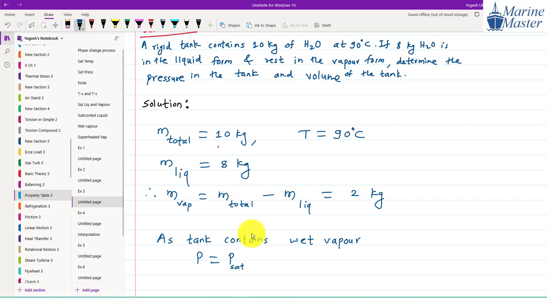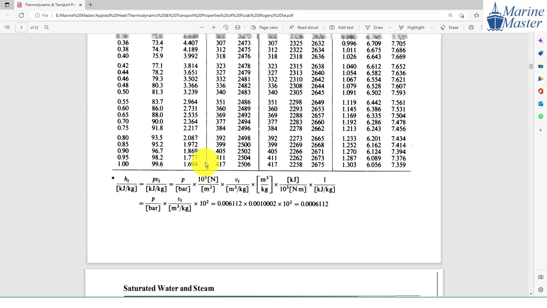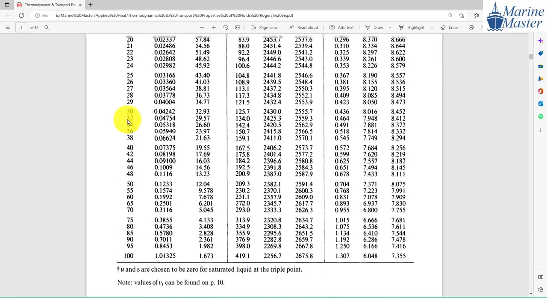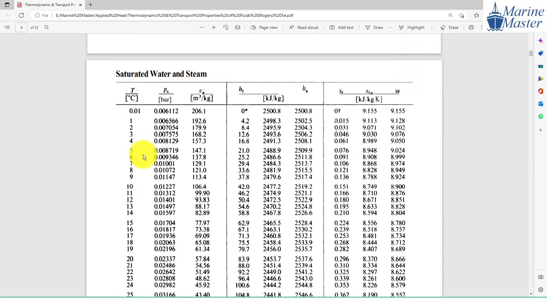Whenever the tank contains wet vapor, its pressure will be equal to the saturation pressure at what temperature? 90 degrees Celsius. So we will go to the property table again, where the first column must be temperature.